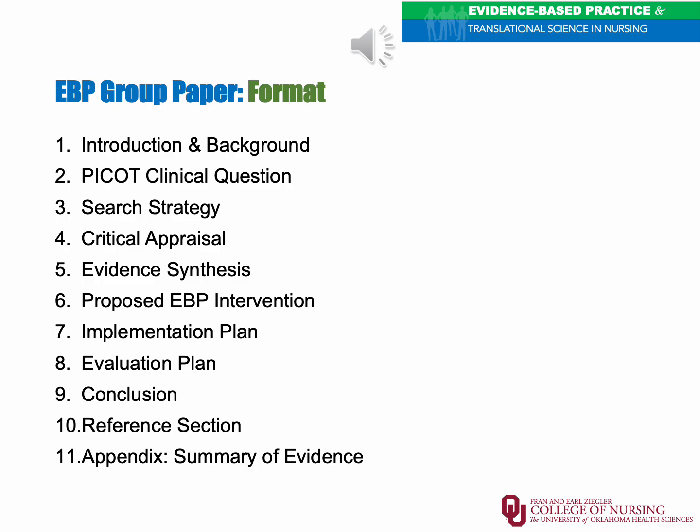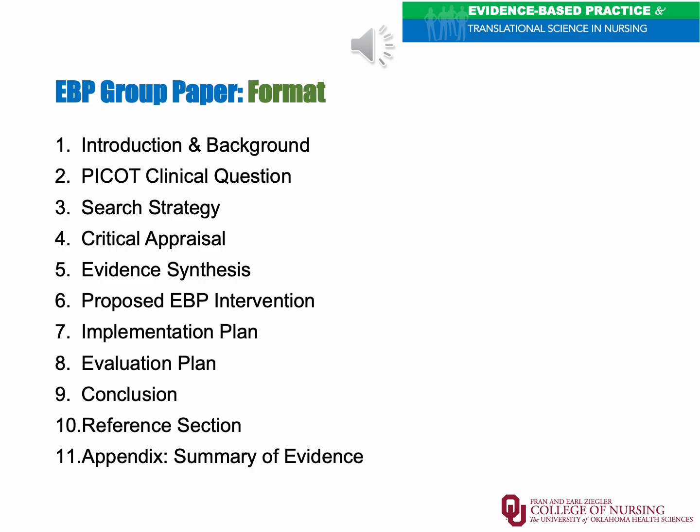The next section is the evaluation plan. Here, you need to describe the proposed outcome measures. This may include the economic implication of your proposed EBP implementation. This section also provides the description of data collection strategies and the benchmark for success to evaluate the effectiveness of the intervention.